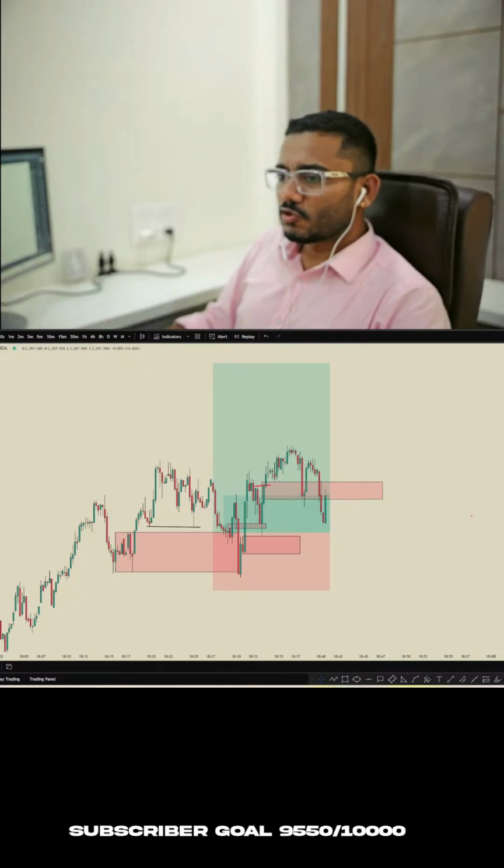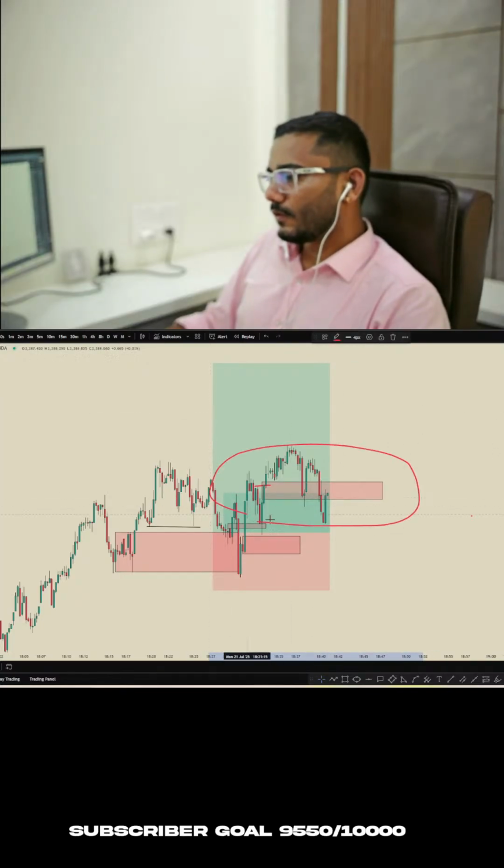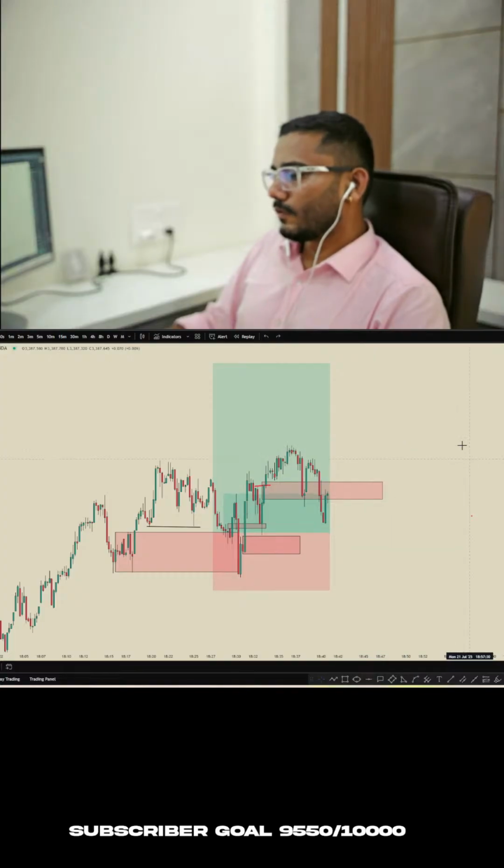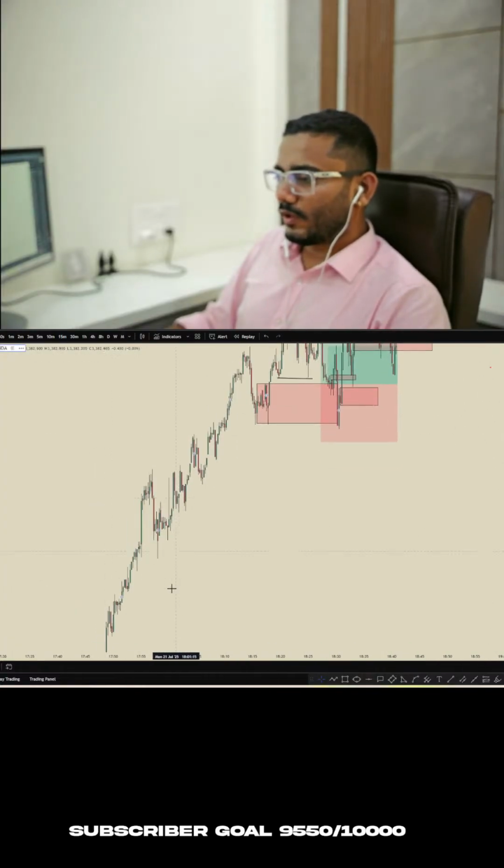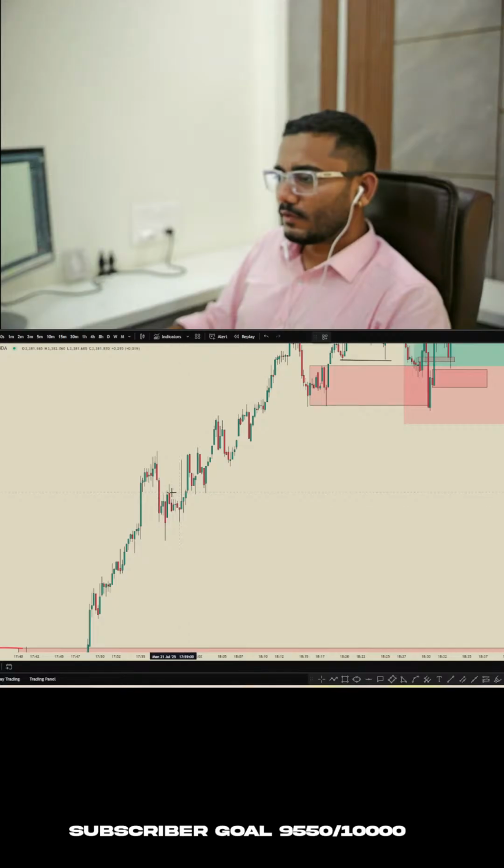If price consolidates too much, it's probably going to go into consolidation. We want to enter quick moves like this. Structure break, this entry.